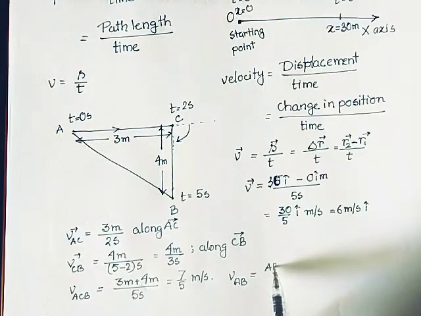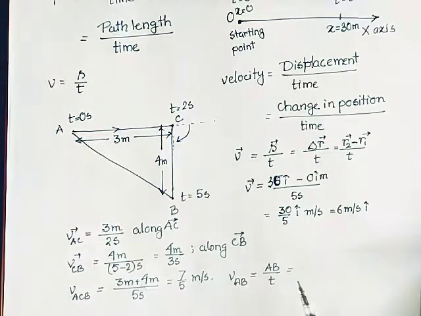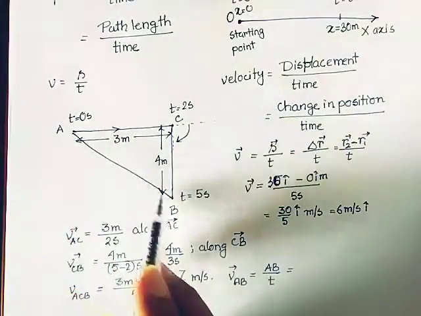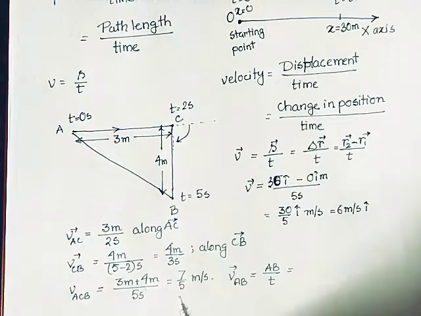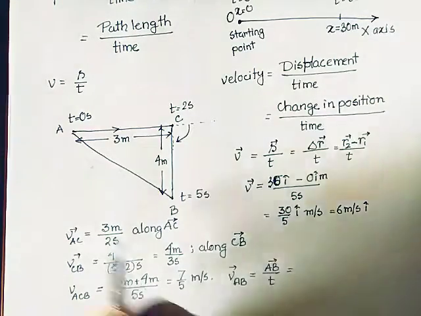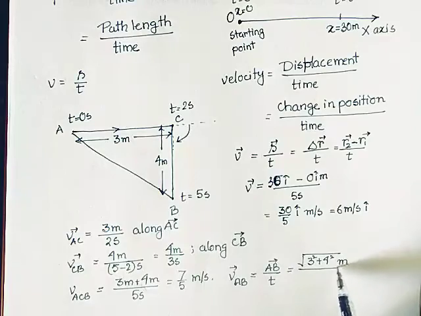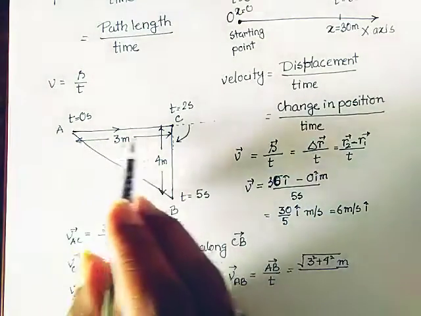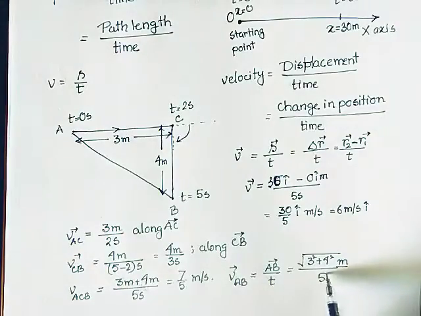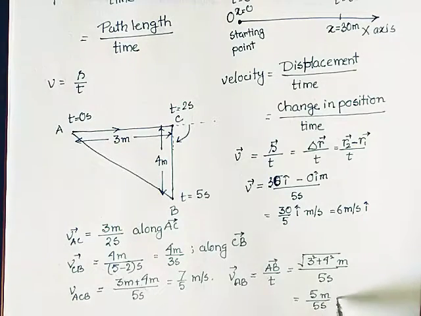So the length of AB divided by the time gives the velocity, because it is the straight line distance between the initial point and the final point from A to B. The length of AB, according to the Pythagoras theorem, is root over of 3 square plus 4 square meter, and the total time in reaching from A to B is 5 second, so it will be 5 meter divided by 5 second along which direction, along from A to B, from the initial point to the final point.